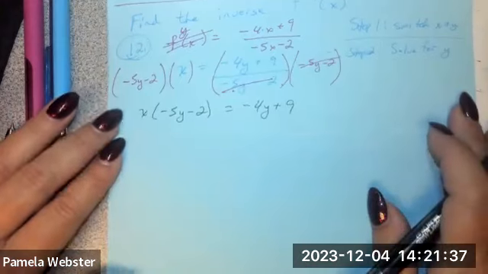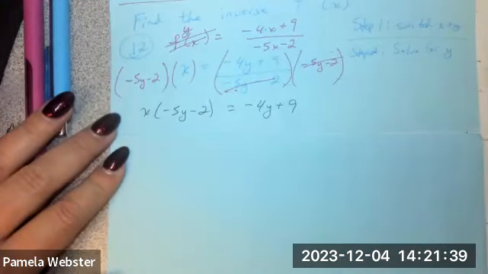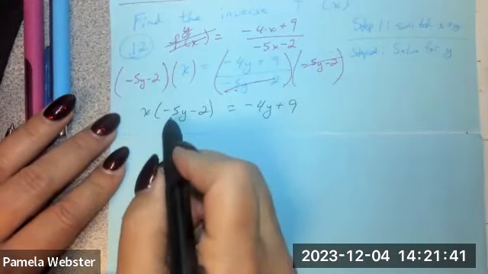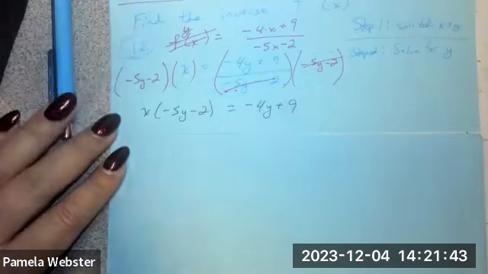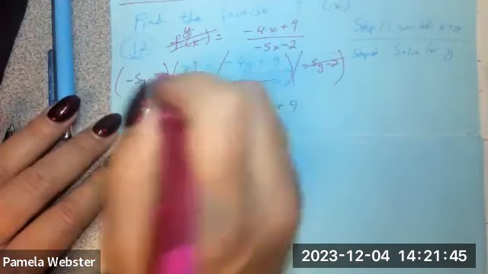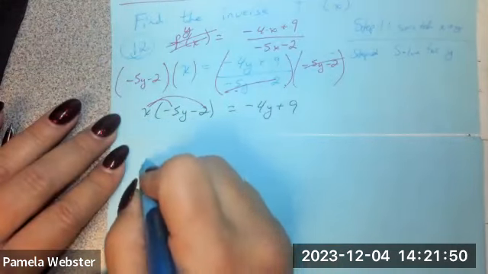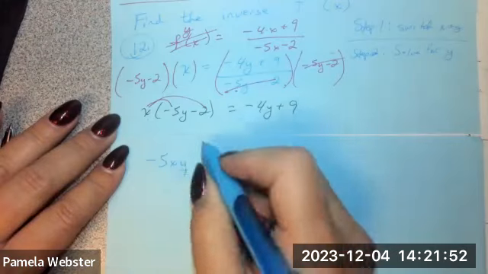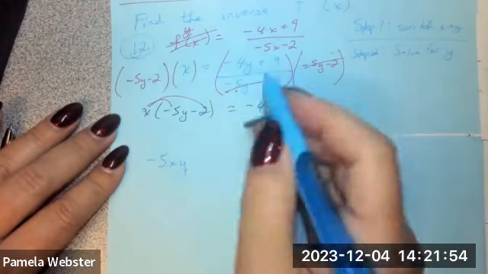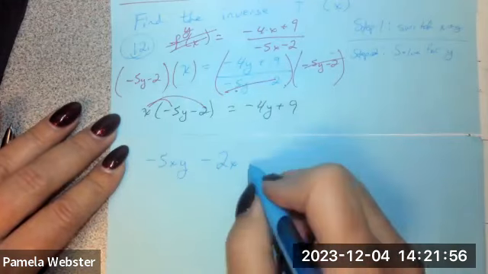All right, so I need to get the y values by themselves, but see here, it's being multiplied. So I need to go ahead and distribute that through so that I'll have individual pieces here. So x times -5y is -5yx, and x times -2 is -2x.